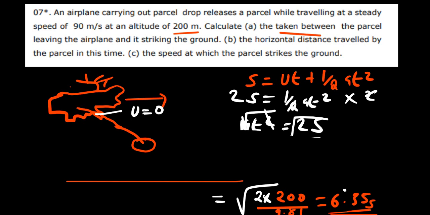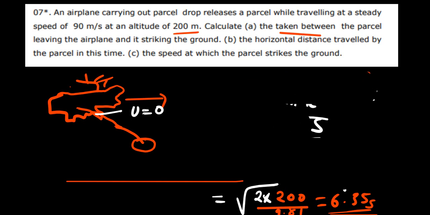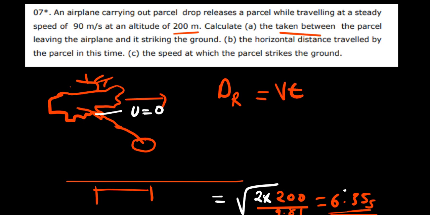Then question B, we're supposed to calculate the horizontal distance traveled by the parcel in this time. The horizontal distance. So you know that this is like the range. You guys have done projectiles. This is like the range. So the distance in this case, or the range, will just be vt.